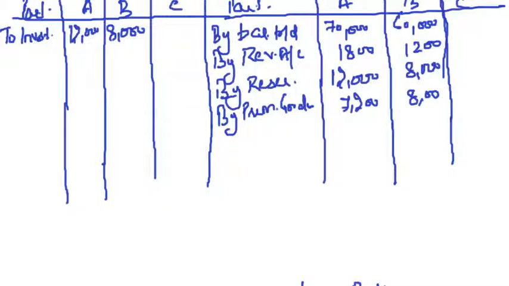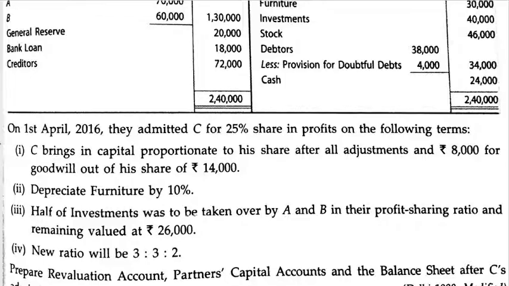Clear? 7,200 and 800. Clear? Now, he says the total share is 14,000, but he is bringing only 8,000.